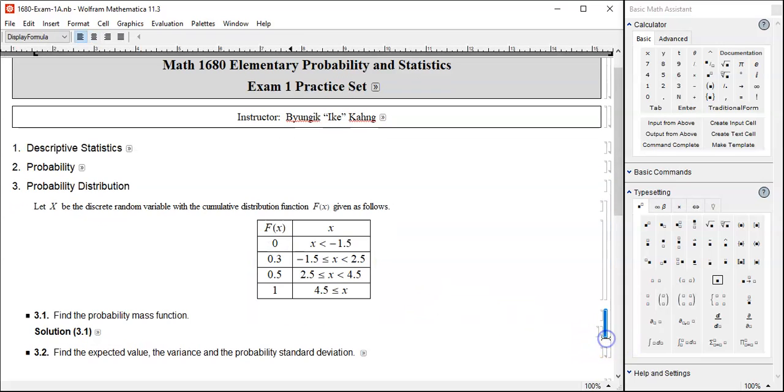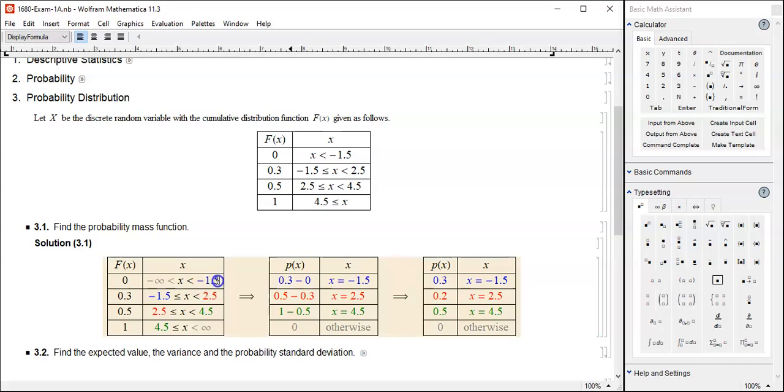And that'll give you the probability mass function. Here we go. First breaking point, -1.5, I color-coded in blue. Second breaking point, 2.5, I color-coded in red. And third breaking point, 4.5, I coded in green. -1.5, 2.5, 4.5, otherwise 0.